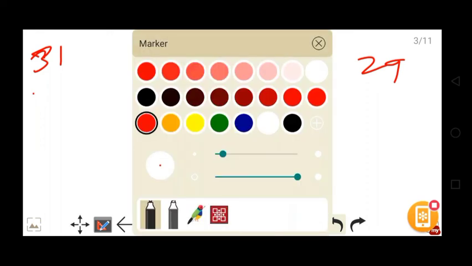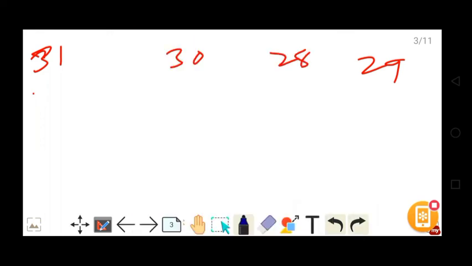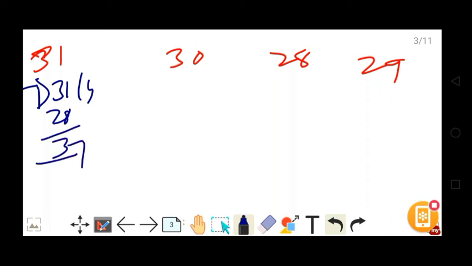Now if you check 31 divided by 7, 7 fours are 28, 3 is the remainder. 3 represents odd days, 4 represents number of weeks.